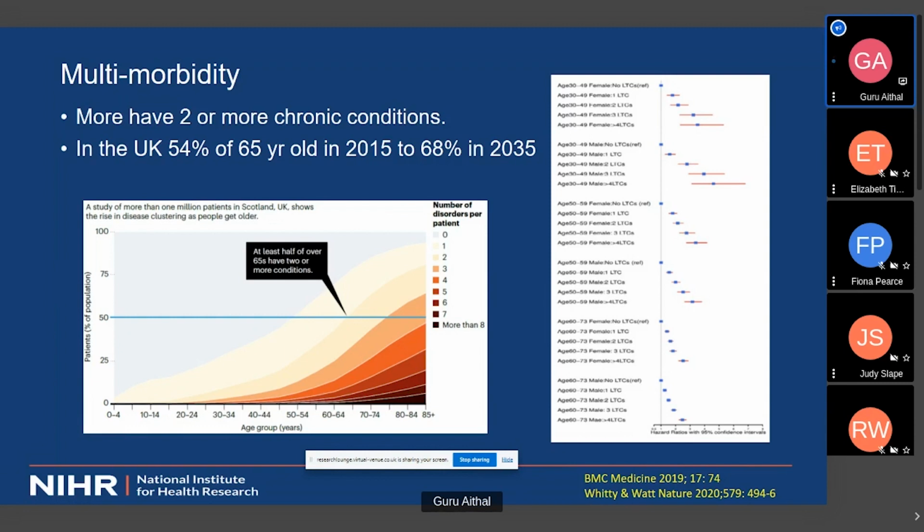There are a number of factors, some of which we recognize, some of which we don't recognize.